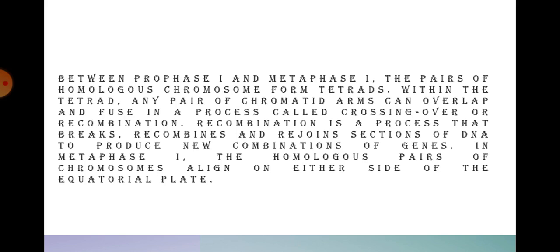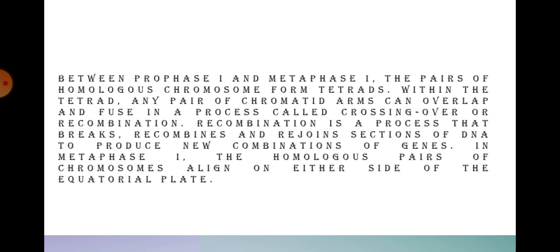Between Prophase I and Metaphase I, the pairs of homologous chromosomes form tetrads. Within the tetrad, any pair of chromatid arms can overlap and fuse in a process called crossing over or recombination. Recombination is a process that breaks, recombines, and rejoins sections of DNA to produce new combinations of genes.